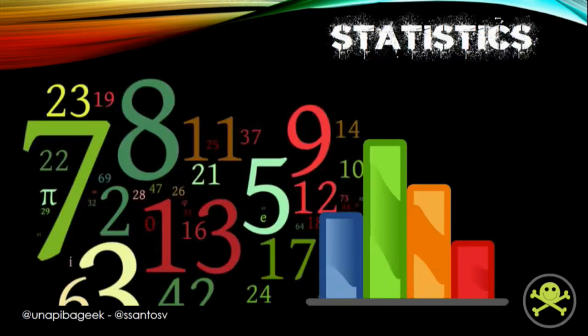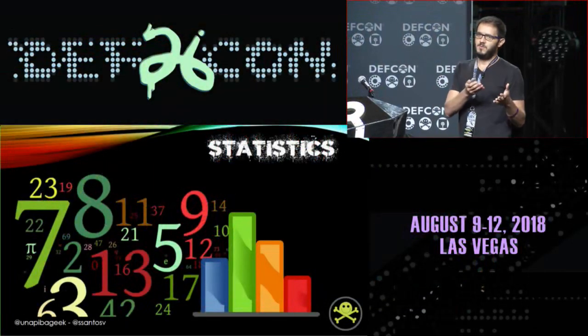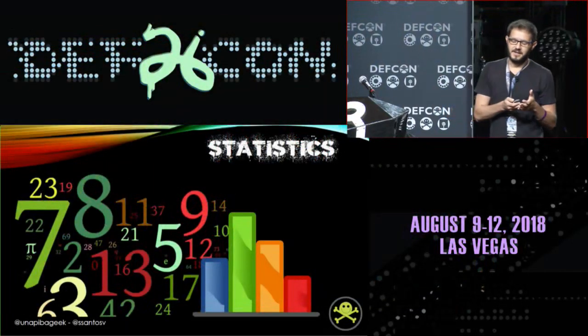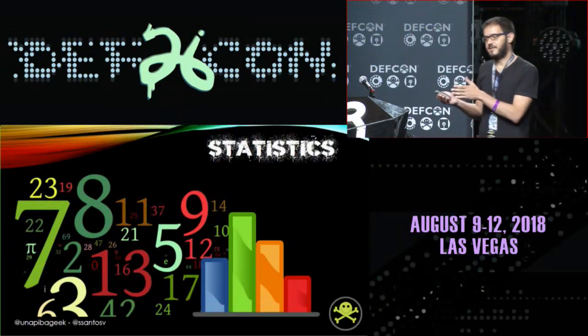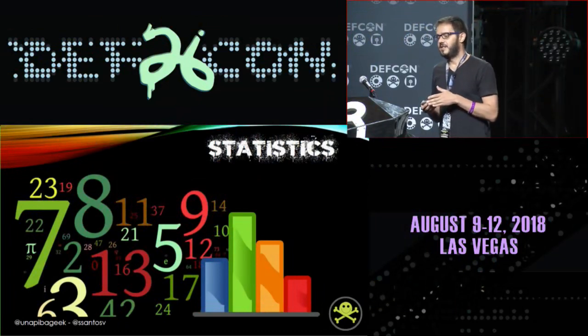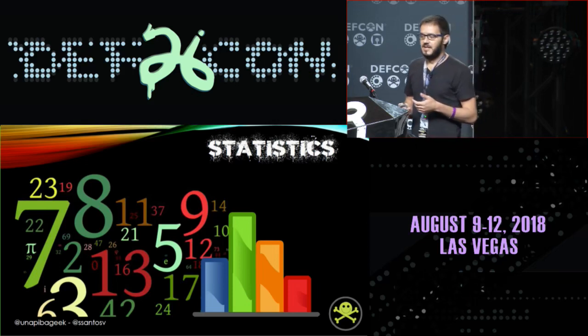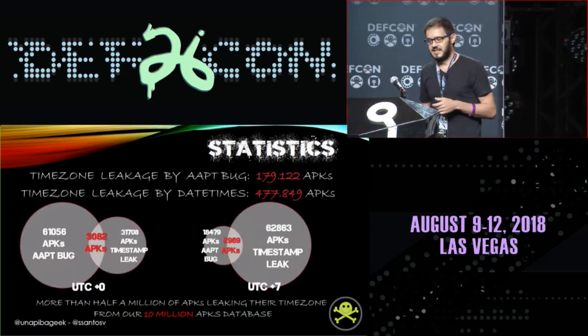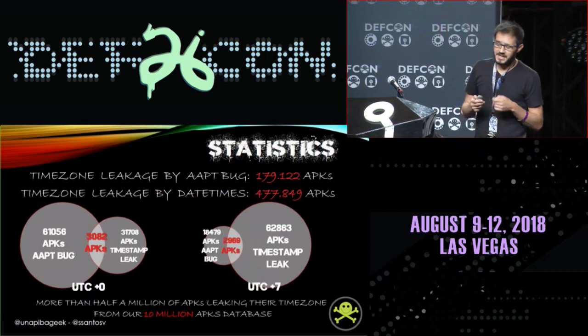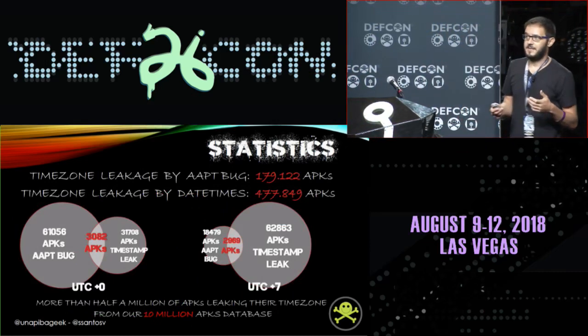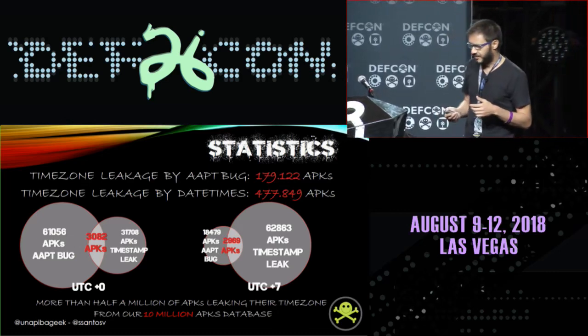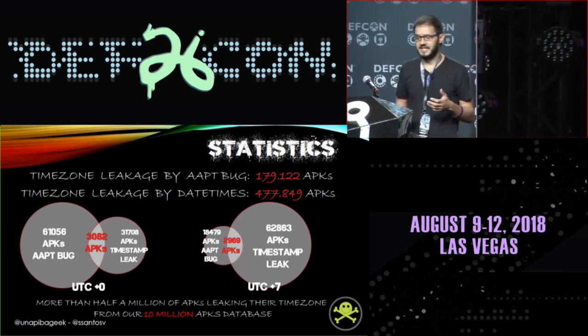So now we have these 2 techniques to check the time zone: the one by a bug in AAPT, and this certificate technique to know the GMT or time zone of the person compiling the applications. Let's do some statistics. We have a 10 million application set or database that we have checked for both techniques.